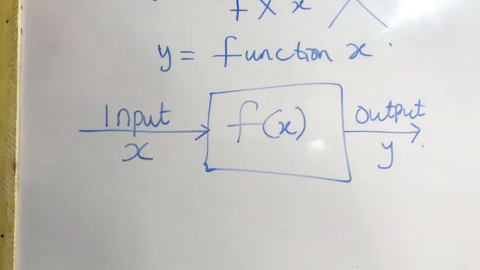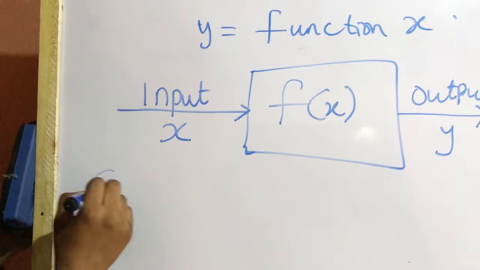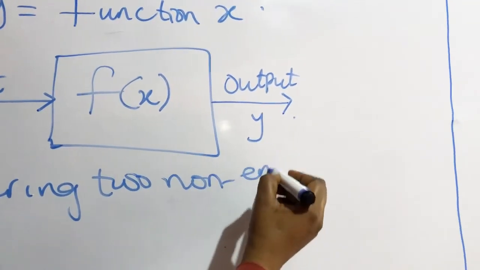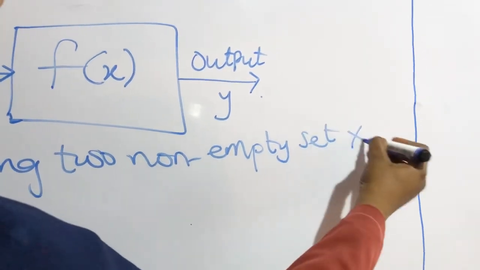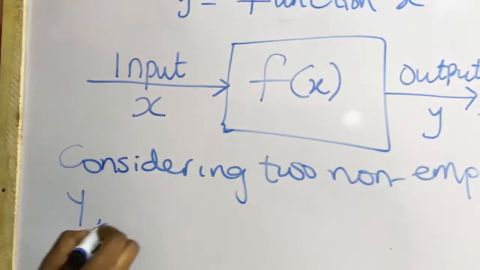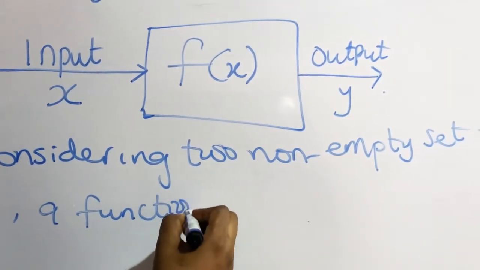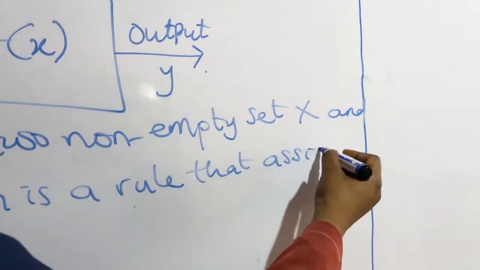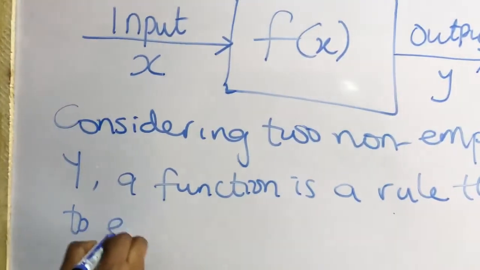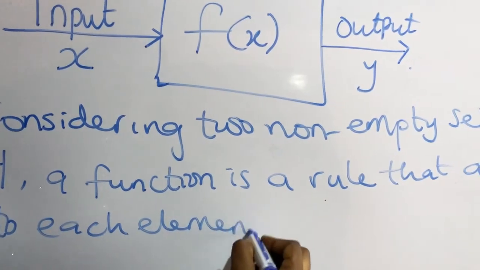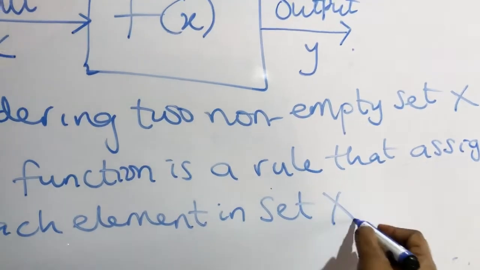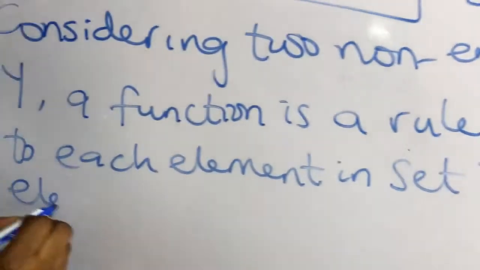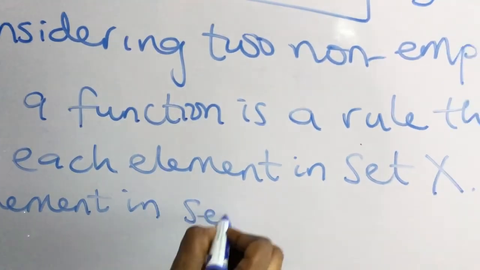Now, mathematically, you can say that you are considering two non-empty sets x and y, then a function is a rule that assigns to each element in set x exactly one element in set y.